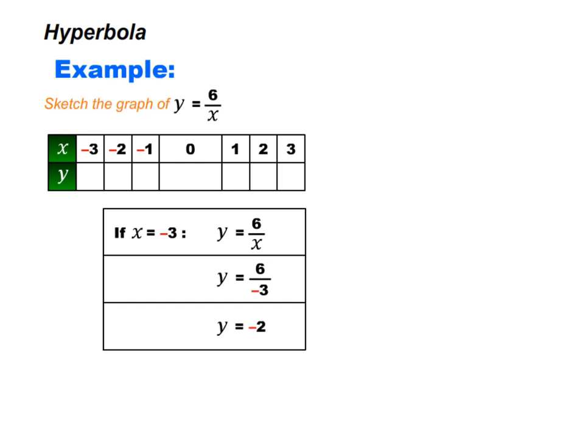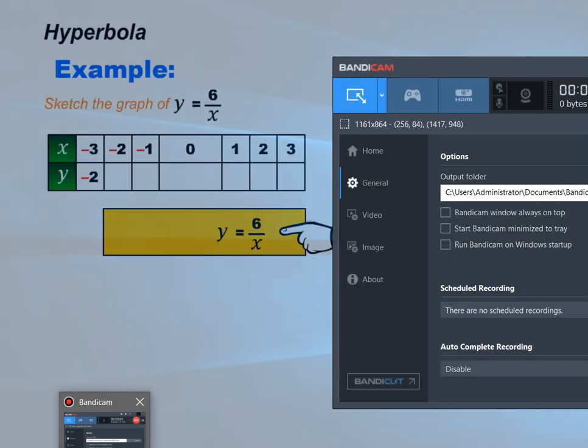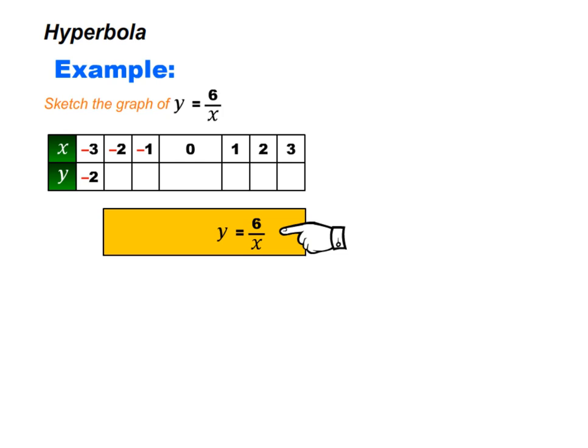Write negative 2 in the second row here. Let us do the same for the other x values. Put each x value excluding 0 in the equation y is equal to 6 over x. Our completed table should look like this.